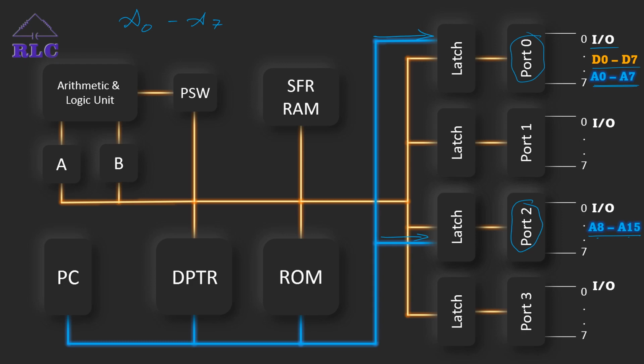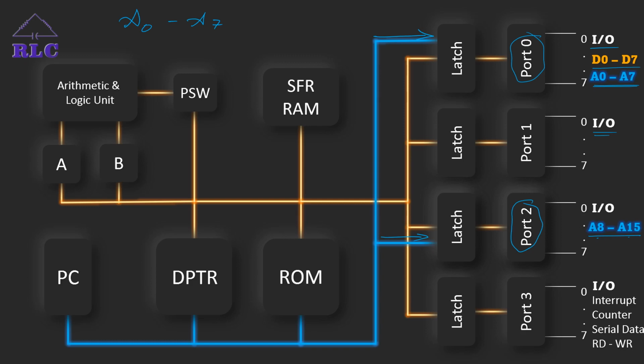Then port 1 is only an IO port. It does not have any other multifunctionality, but port 3 is multifunctional. It also acts as external interrupt pins. Then it also has counter pins, serial data receiving and transmitting pins, and read and write bar pins.